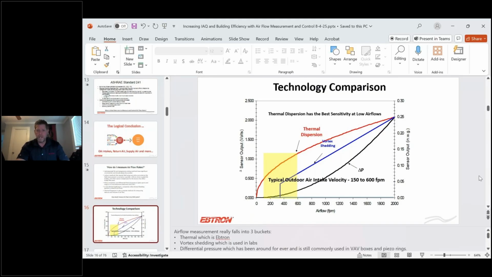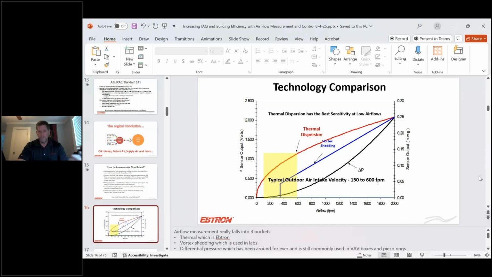The challenge is that with differential pressure, that product becomes less sensitive at the lower velocities. The turndown on a differential pressure device is actually a square root relationship. So if you're at plus or minus 20 feet per minute, in a 4-to-1 turndown your plus or minus could be 320 feet per minute.